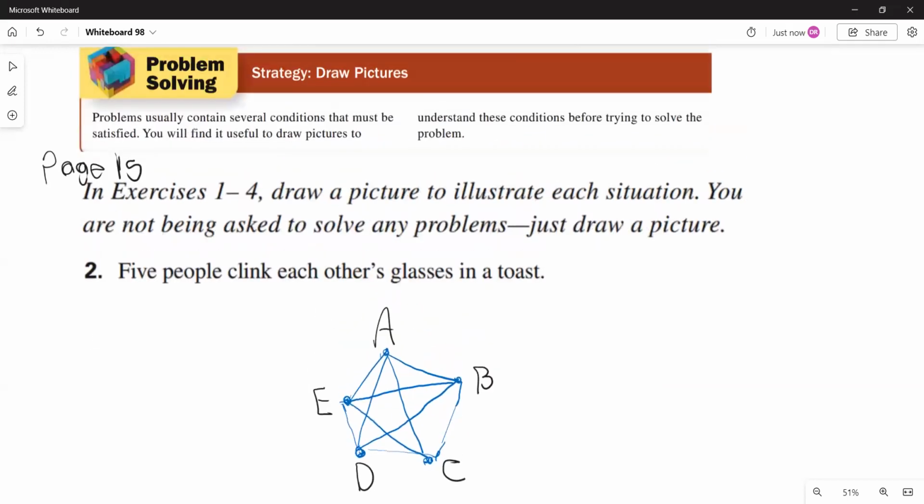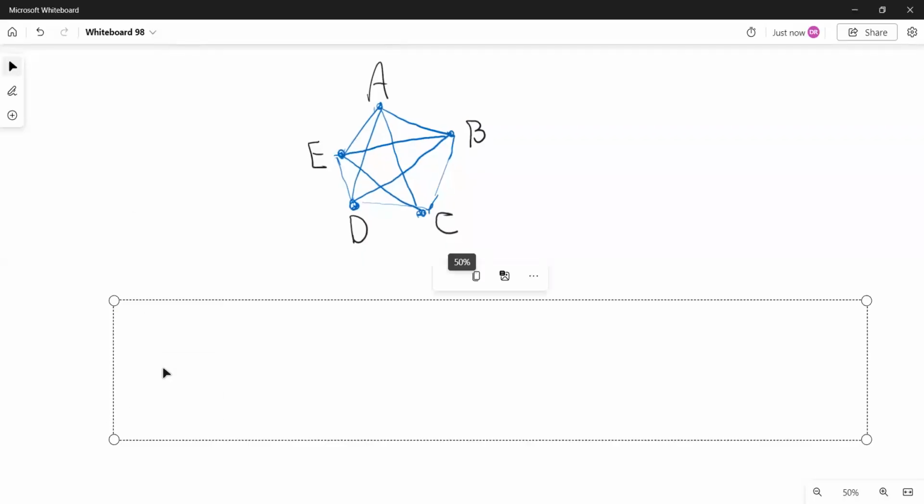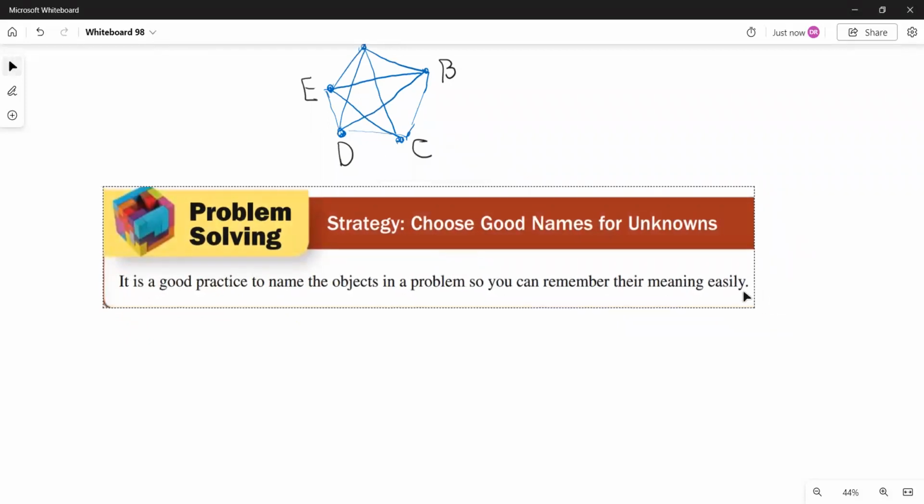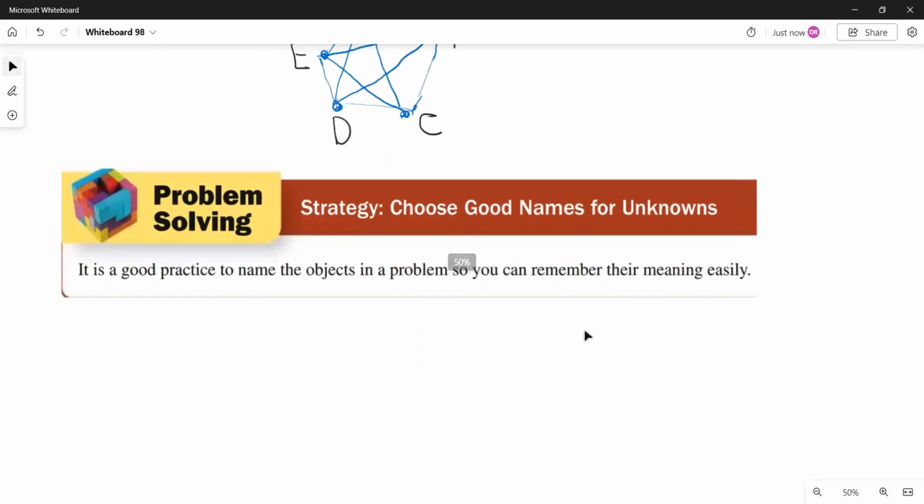The second strategy is to give names to unknowns. It is good practice to name the objects in a problem so you can remember their naming easily.